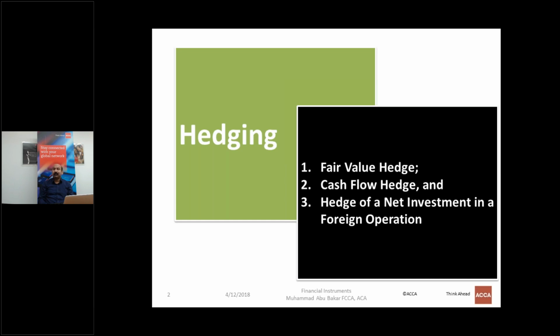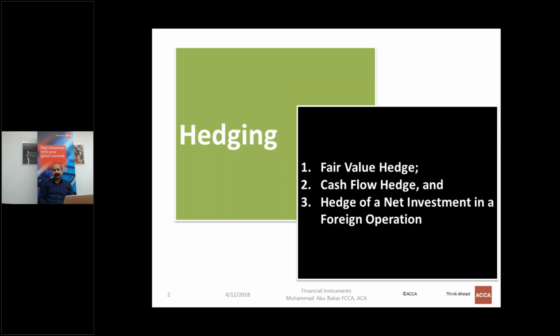So you want to protect yourself against this unlikely movement of prices of wheat. So that's why you apply different hedging techniques.